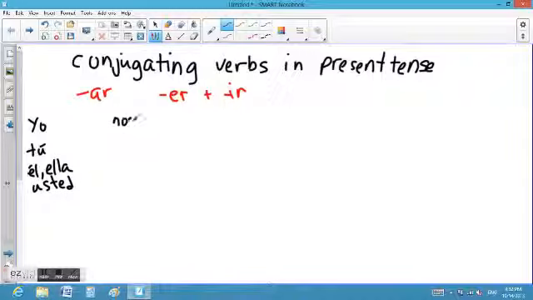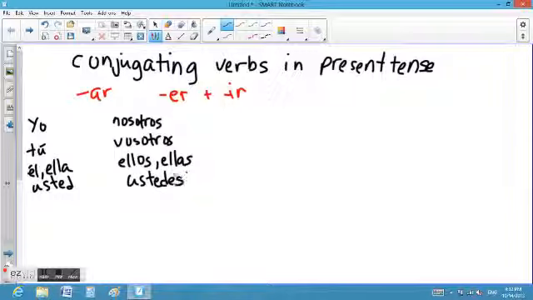And you have nosotros and vosotros and ellos, ellas, ustedes. Alright, so once you know these various pronouns, you can use them to conjugate your verbs.